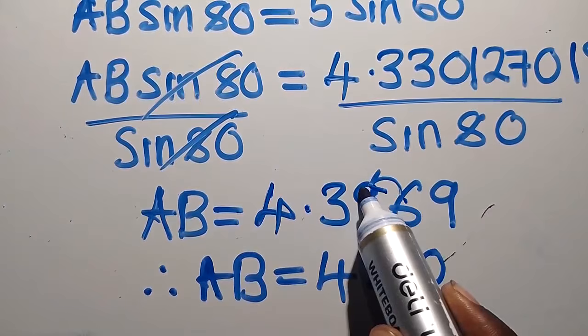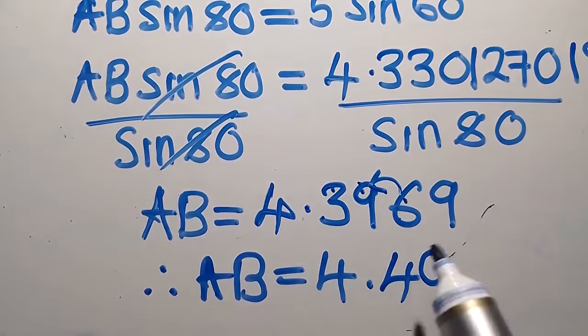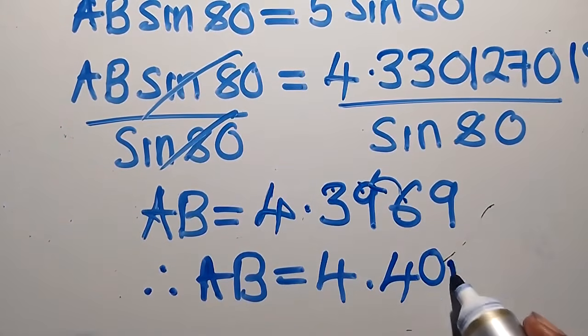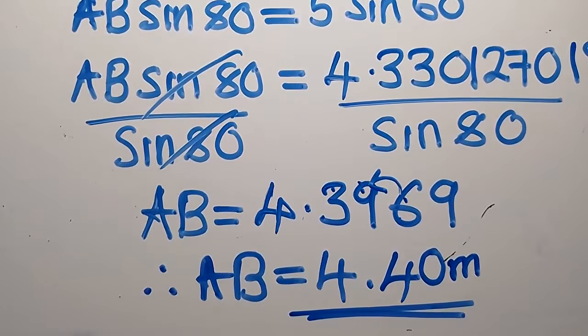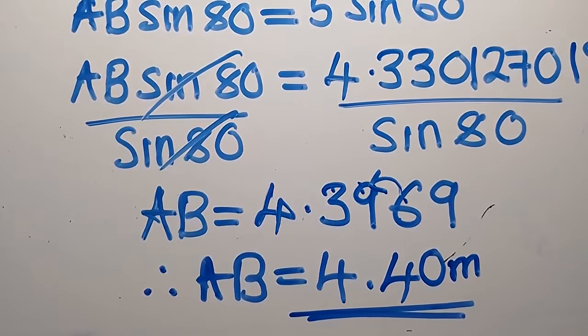We can't write 10 here. So put a 1 there, 4.40. Then we say meters. This is your answer. This is how you need to work it out. I want you to get the concept, and I want you to understand everything that I'm trying to explain here. Make sure you get this concept.